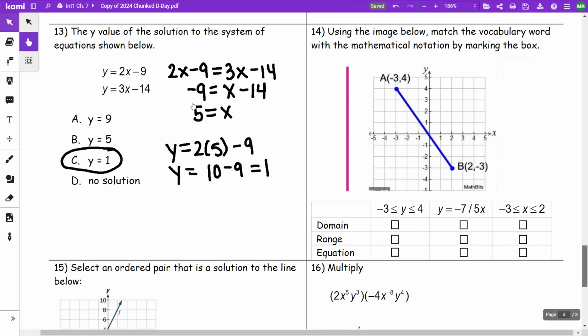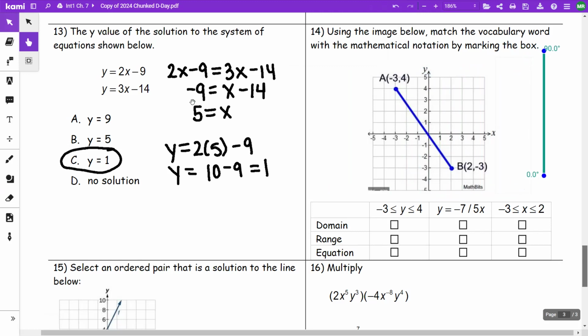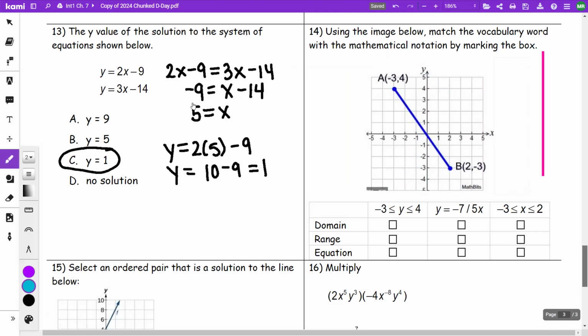So domain is how far to the left and how far to the right. The furthest to the left I go is -3. The furthest to the right I go is 2. And it's including both of them. So my domain is going to be that.